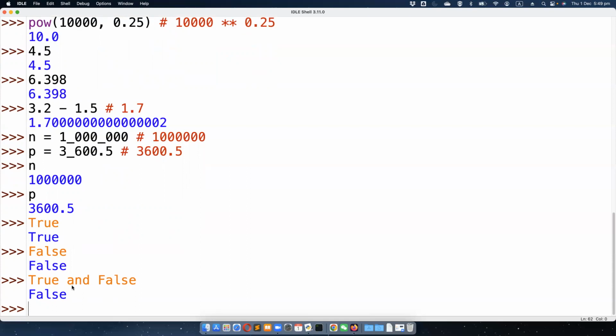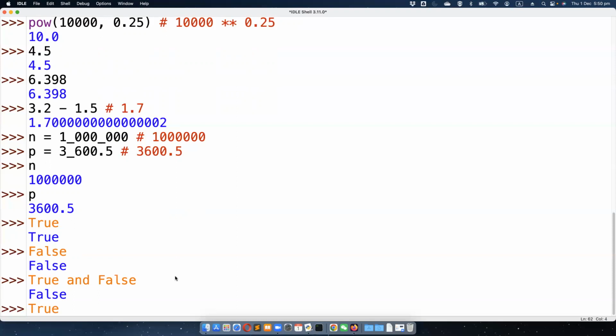Okay, this and is a logical operator, and it produces the result of combining the value on its left with that on its right. So for True and False, the result will be False because one of the operands is False.